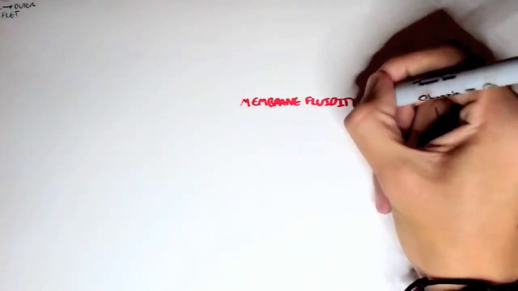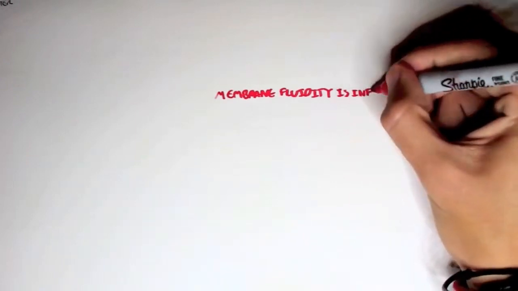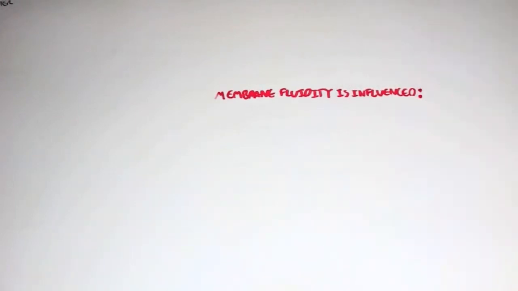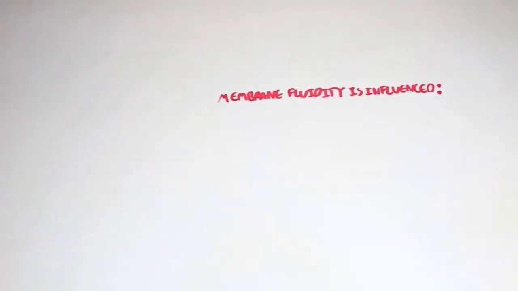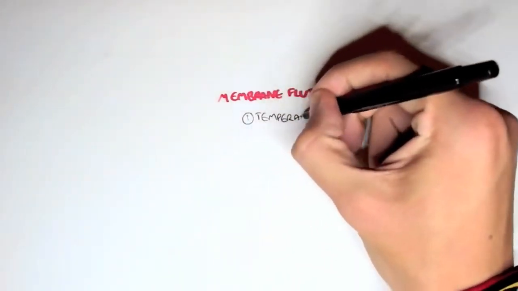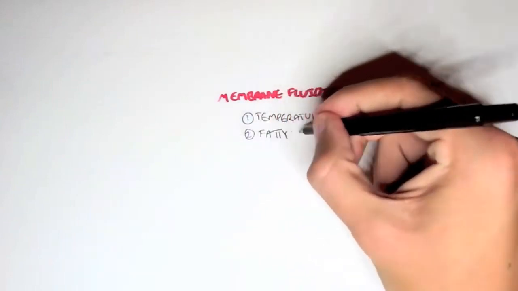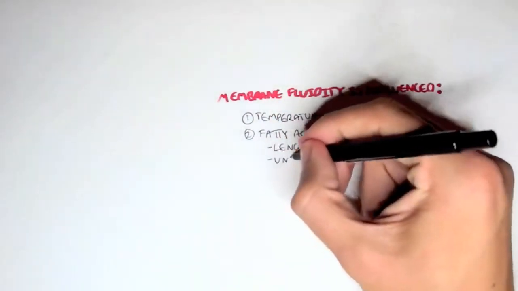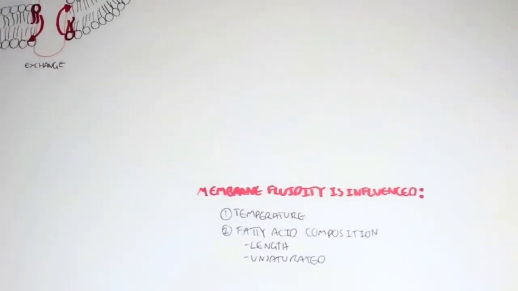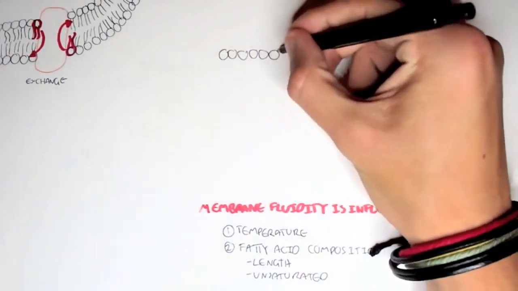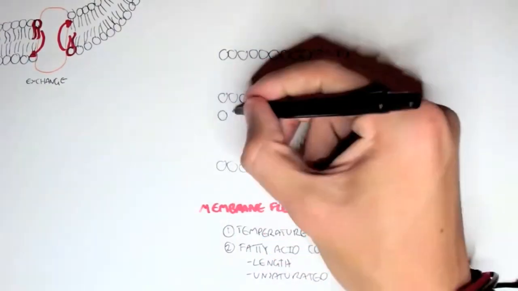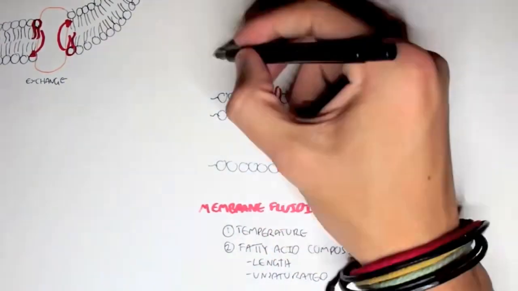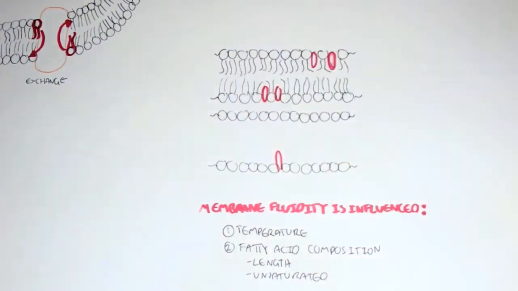Interesting. Now let's talk about how membrane fluidity itself is influenced. What influences membrane fluidity, most importantly, is temperature and also the fatty acid composition. What I mean by this is the fatty acid length, for example, or if they contain unsaturated double bonds. So to show you an example, I would like to draw you two membrane bilayers.